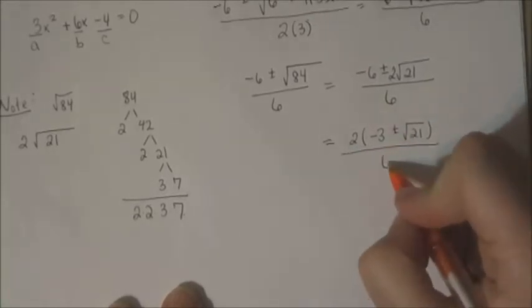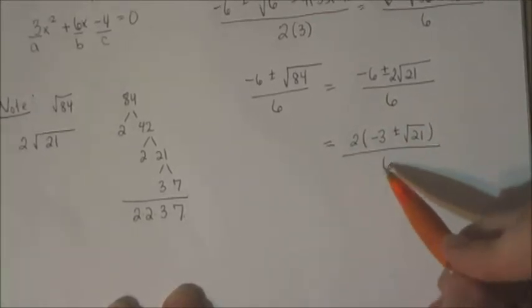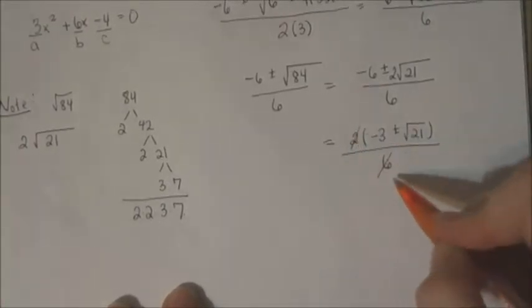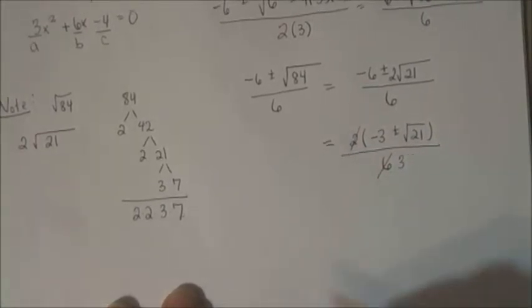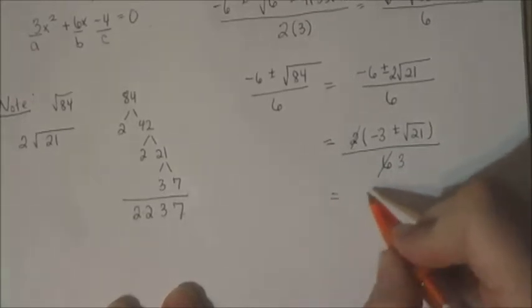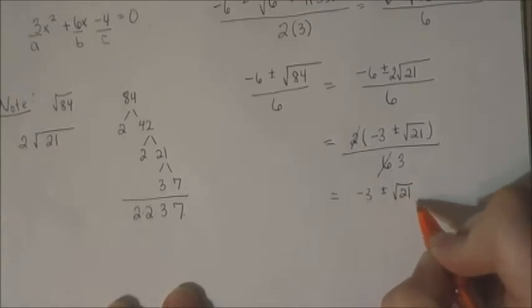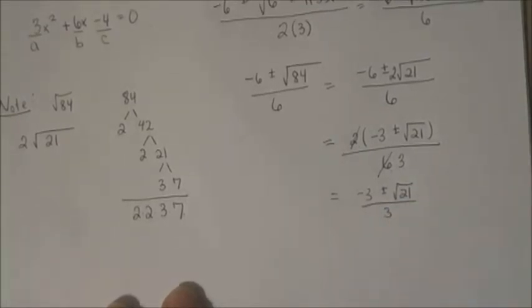And then on the bottom we have a 6. Then I look at this and say, well, 6 is divisible by 2, so cancel this 2 out of the 6 and make it a 3 on the bottom. Then this becomes negative 3 plus or minus the square root of 21 all over 3.